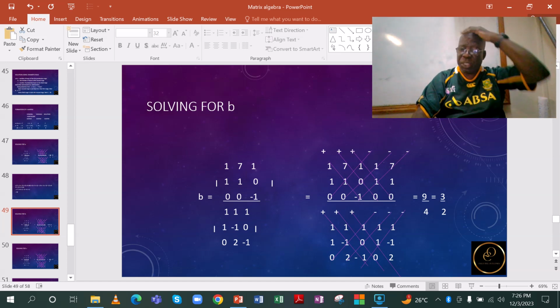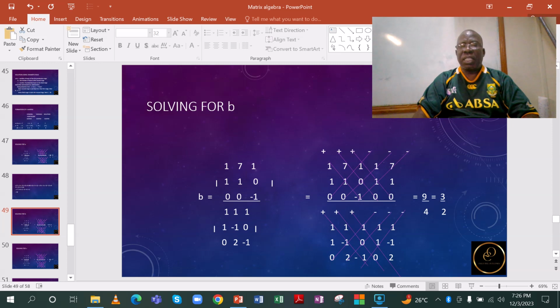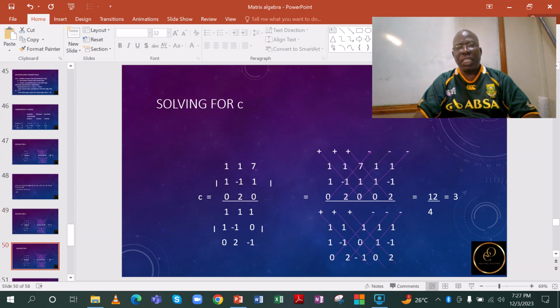Then the first column will remain the same, the third column will remain the same. Work this out, you find the determinant will be 9 over 4 because the bottom does not change, so B is equal to 3 over 2.